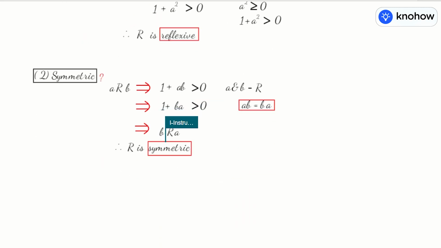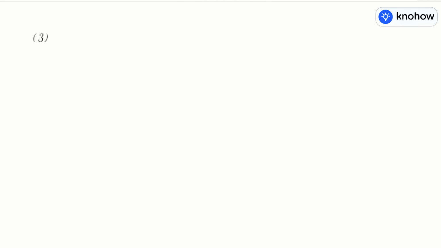And now let me check the third part, whether R is transitive or not. That we have to check carefully. I would like to show this because I have to prove that it is not transitive. Remember, if you have to prove it is not transitive, then even if I take 3 such real numbers for which A related to B and B related to C does not imply A related to C, even for one such set of 3 numbers, it is not transitive.